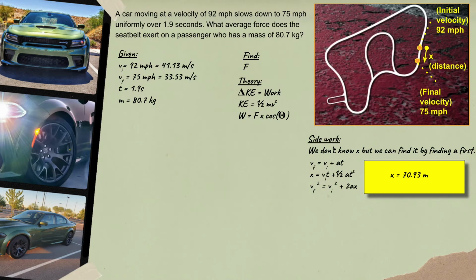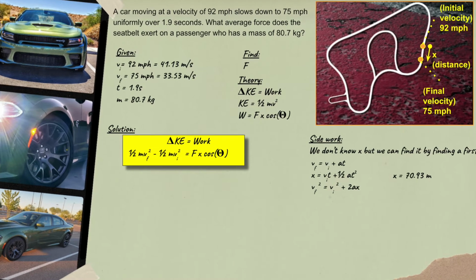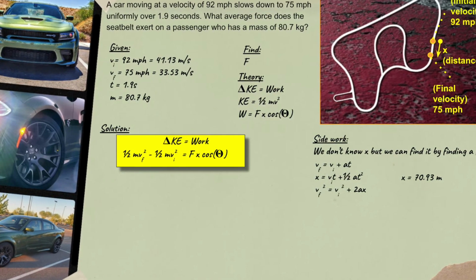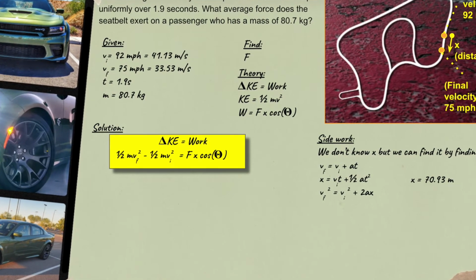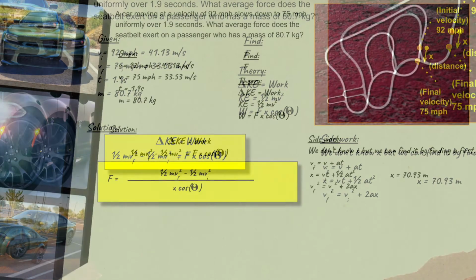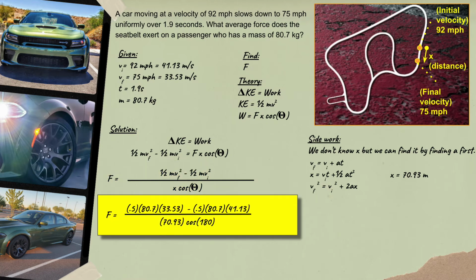So now that we know what X is, we can continue with our solution. So the difference in kinetic energy, 1/2 m v final squared minus 1/2 m v initial squared, equals the force times the distance times cosine theta. From here, we can solve the equation for F. Now, we can plug in everything that we know at this point.